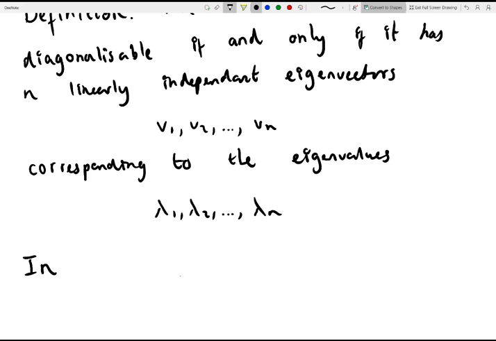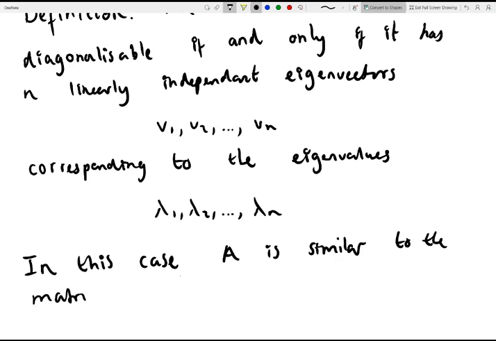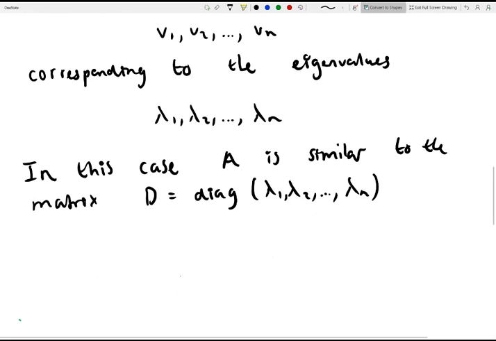In this case, A is similar to the matrix D, where D is the diagonal matrix with the eigenvalues lambda 1 to lambda n in its diagonal entries.